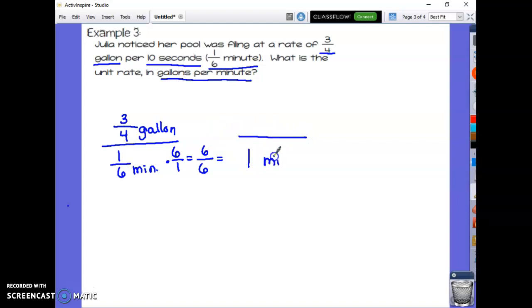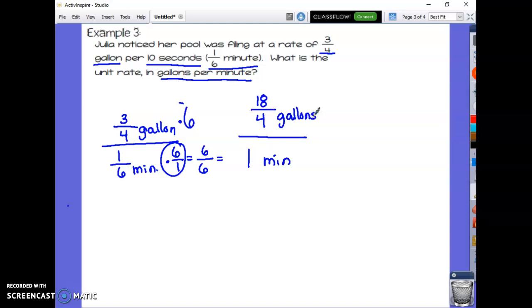1 minute. And then again, whatever we do to the denominator, we must do to the numerator. And if we multiplied the denominator by 6 over 1, that's the same thing as multiplying by just 6. So we're going to multiply the numerator by 6. So 6 times 3 is 18. And then there's that invisible 1 underneath. So 4 times 1 just gives us 4 gallons.